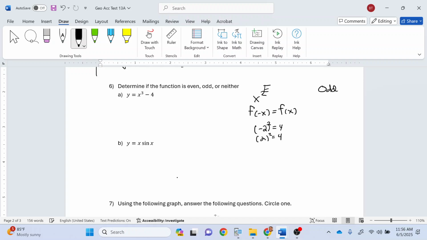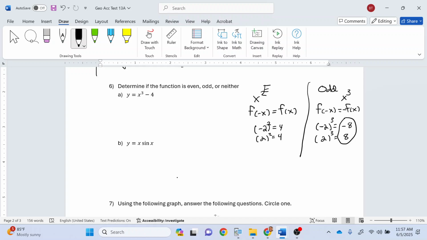For odd, I think of x to the third power, where when I plug in the negative, I get the negative of the answer I'd get plugging in the positive. Negative 2 to the third power gives negative 8, while positive 2 to the third power gives positive 8.